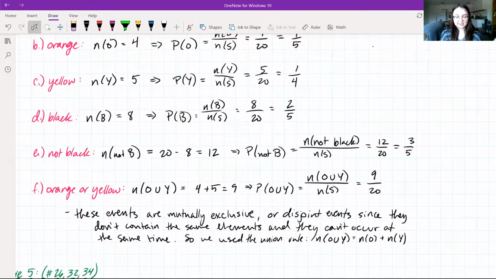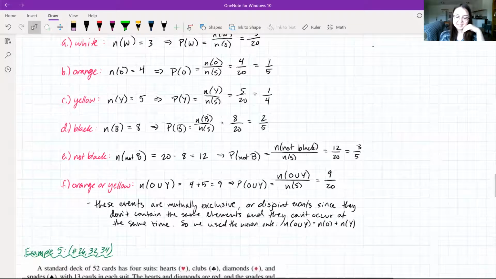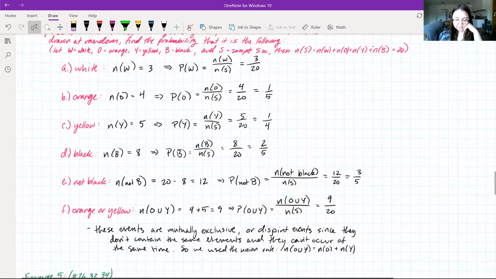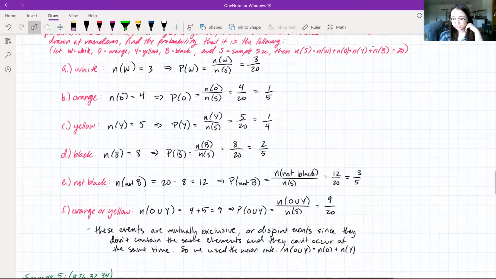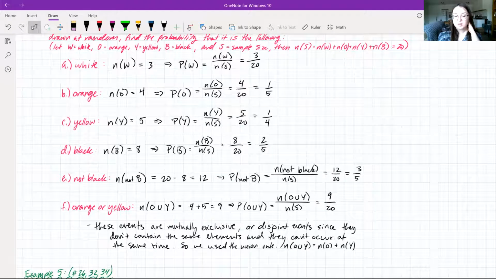We did it without really talking about it, but that is what happened. So because we got to use our union rule, we know that we end up with 9 divided by 20.